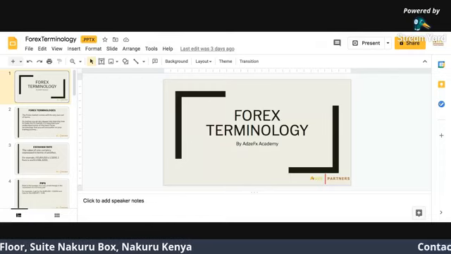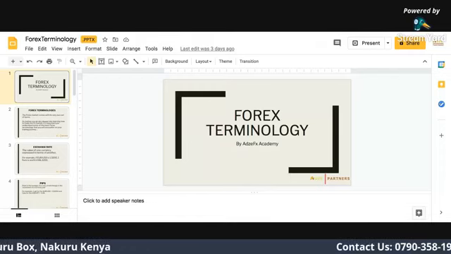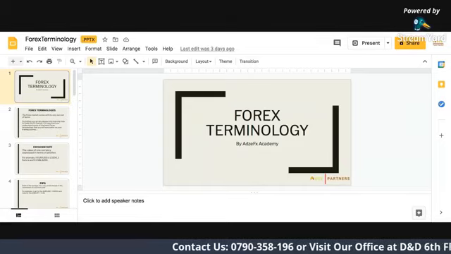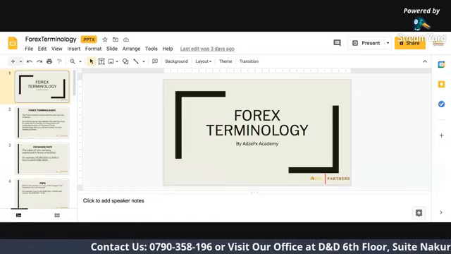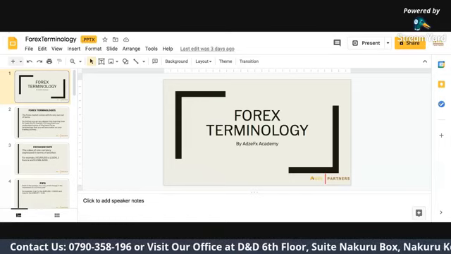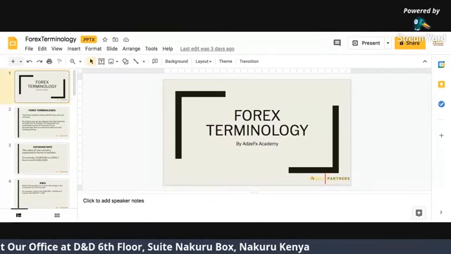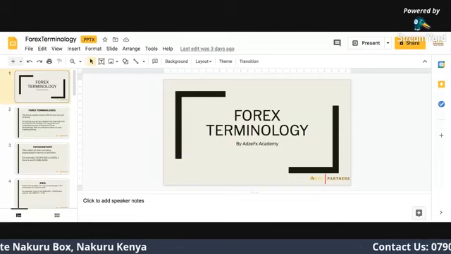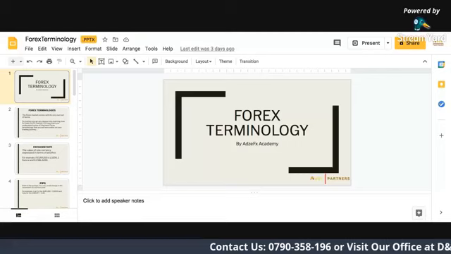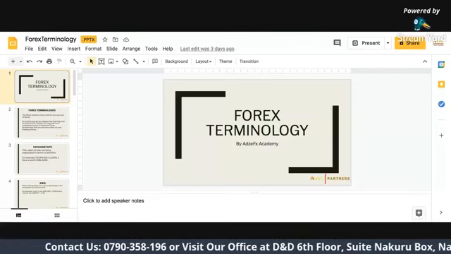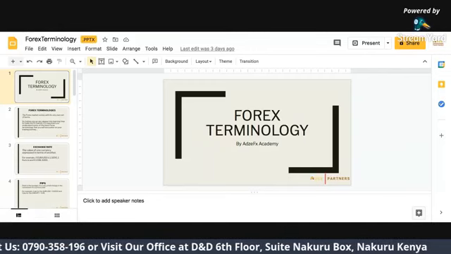We're going to cover Forex terminology. This is going to be a very long topic because it covers everything associated with Forex in terms of terminology, so that when you meet another trader and that trader mentions something, you're able to understand and have a conversation with other traders.